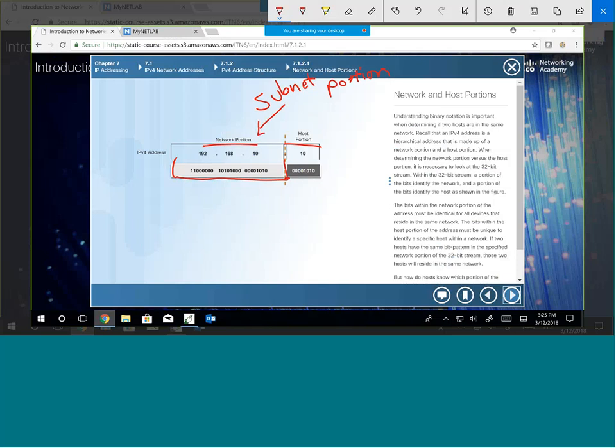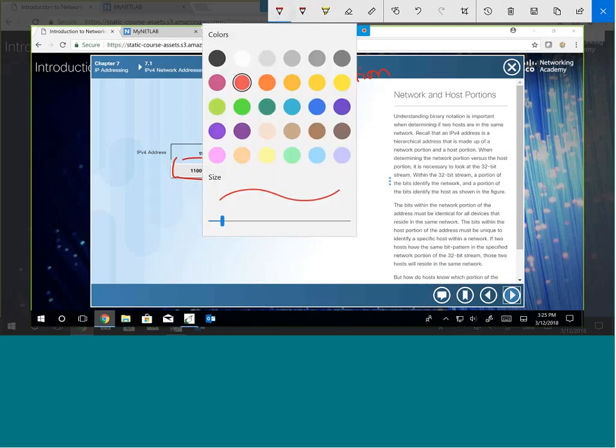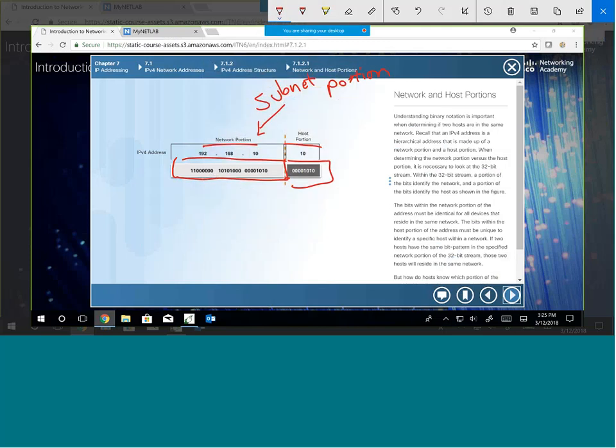All right. Now, one of the things that's kind of cool is many people don't understand what a subnet mask is for. The book definition of a subnet mask, and I know I'm getting ahead of what's in the curriculum, but that's okay, is that it defines what portion of an IP address is the network portion, what portion is the subnetwork portion, and what portion is the host.